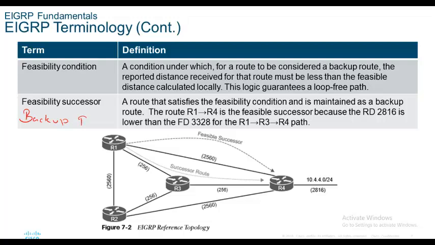A backup path is going 4.5 hours and coming down to Dubai. This place is Qatar, Doha. This can be a backup path. If this path has got some issue, you can go like this and come.